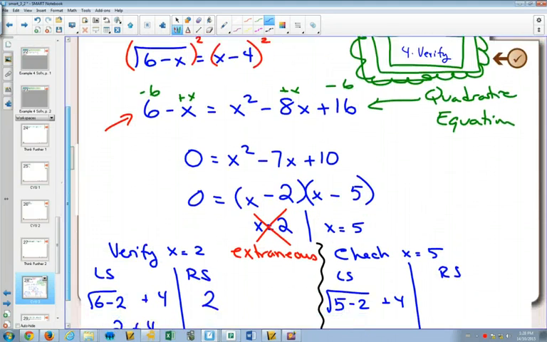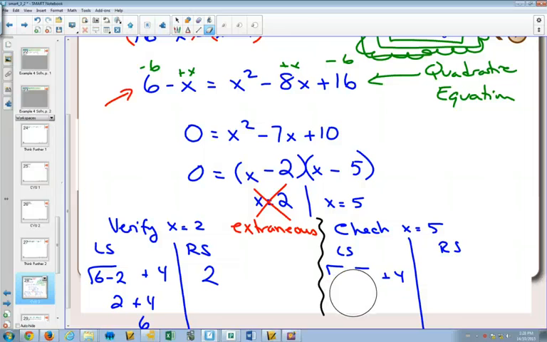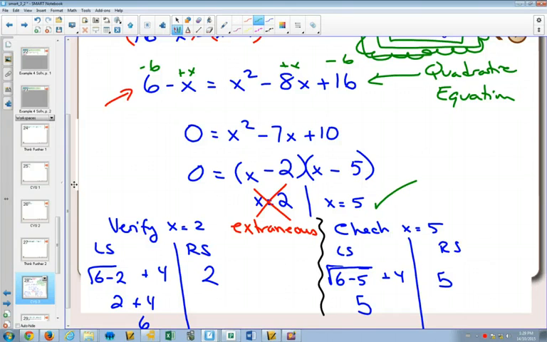Or was it, no, 6 minus x. Oh, okay, no, that's better. 6 minus 5 plus 4, and on the other side it was just x, which would be 5. 6 minus 5 is 1. The square root of 1 is 1. 1 plus 4 is 5. So that one works. So we have one extraneous root and one root that works.